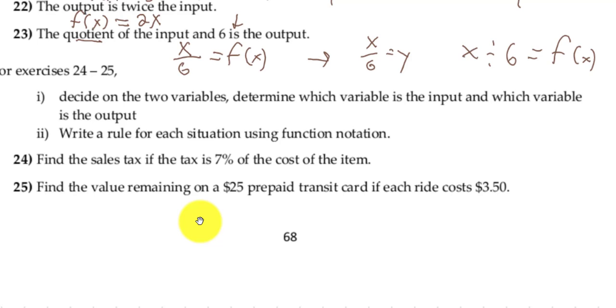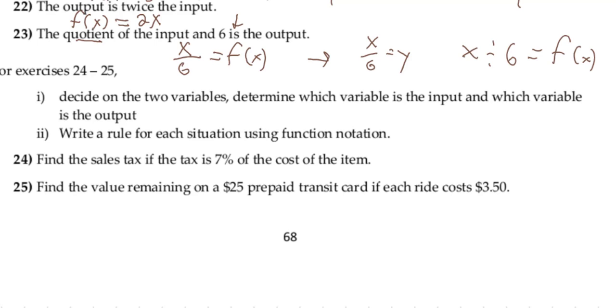Number 25, we have a word problem. It says find the remaining value on a $25 prepaid transit card if each ride costs $3.50. So the first thing it says is to decide on your variables, determine which variable is the input and which is the output.